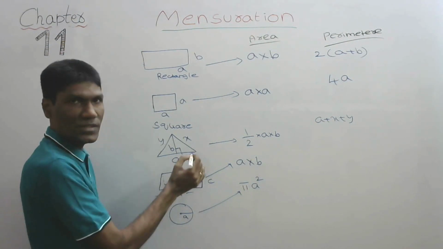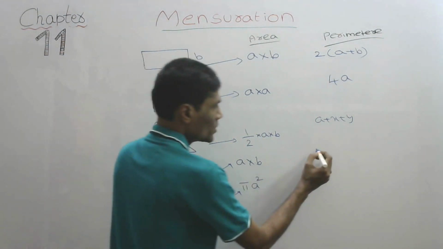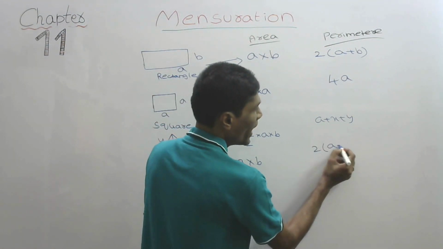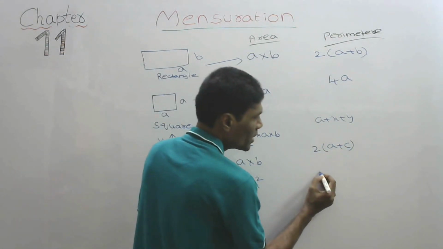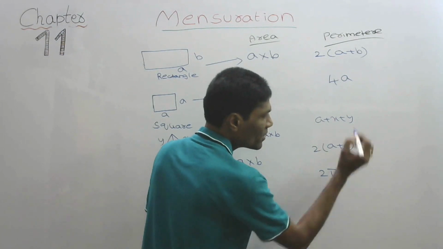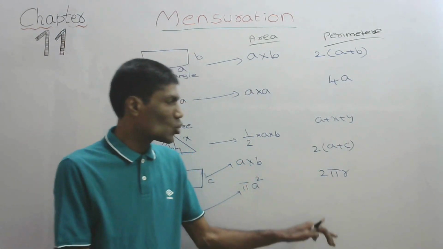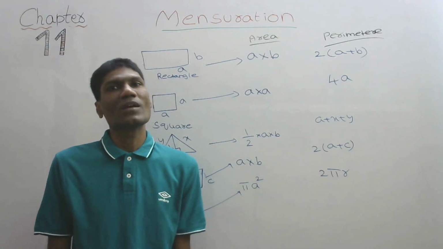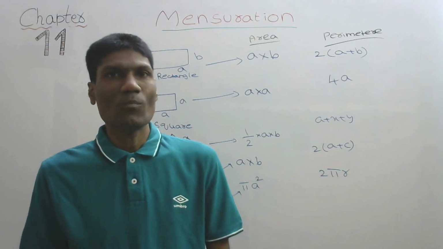This is a and this is c. Then a plus c, a plus c 2 times. So this is 2 into a plus c. And what about the circle? Simply 2 pi r. These are the formulas which we will be using throughout the chapter. Now, let us start our exercise 11.1.